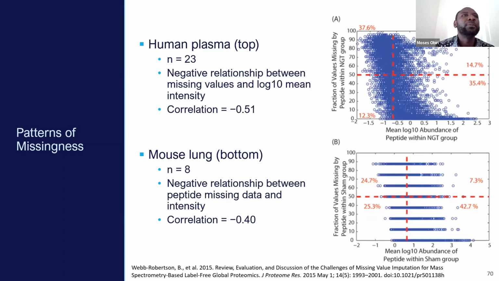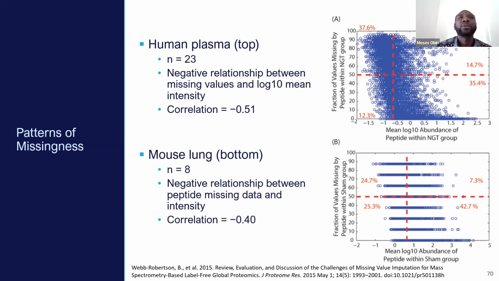Okay, some studies have explored the relationship between missingness and mean peptide intensity. These two plots are from one study where they studied the relationship between missingness and mean peptide intensity for a human cluster and a lung data set. For most of these studies, the conclusion was similar: the relationship between the missing values and the mean peptide intensity was found to be negative.